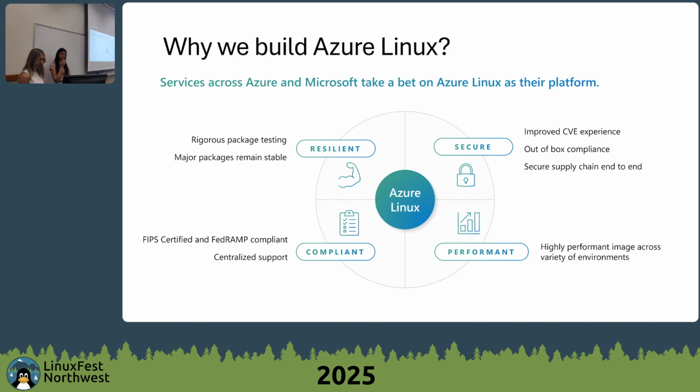We needed a secure distribution that improved the CVE experience with strict SLAs, hardening with secure defaults, and basically securing the supply chain. To satisfy the compliance requirements of Microsoft services and many Linux users, we needed to ensure the distribution was FIPS certified and FedRAMP compliant. And then finally, we needed a team that could basically optimize the distribution for performance across a wide array of environments, spanning from the cloud down to the edge.